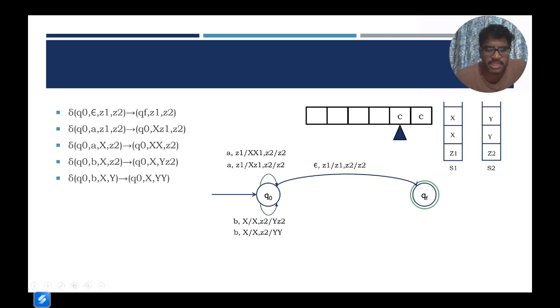The transition is delta q0 comma c, the top of the stack is x, the second top of the stack is y. Now we are reading the c. Now we are comparing the two values of stack A and stack B, which are going to be popped.